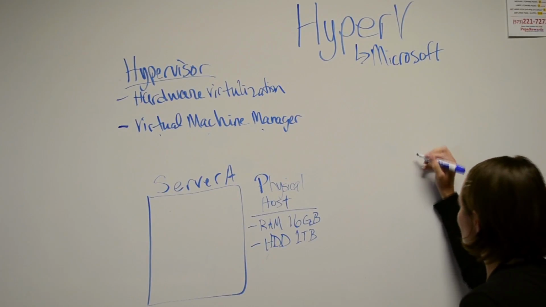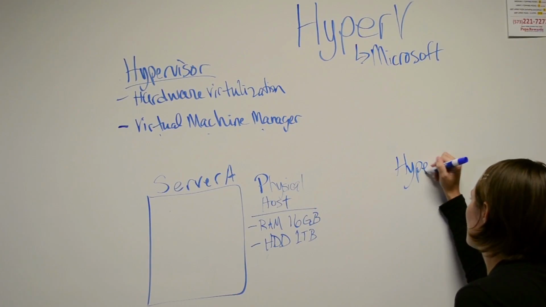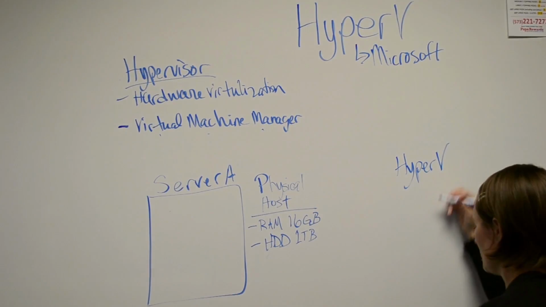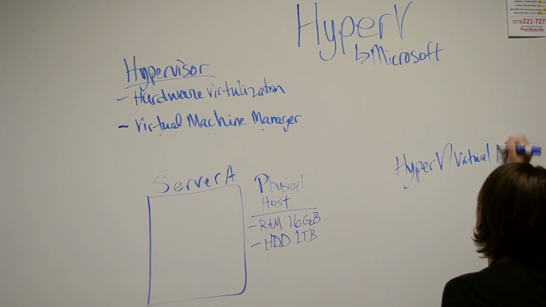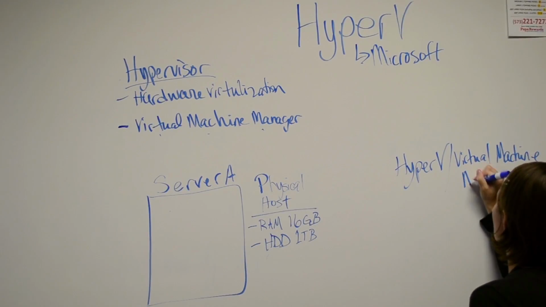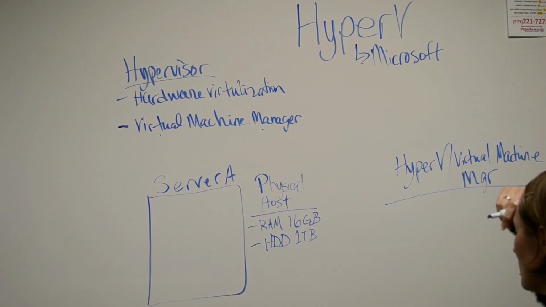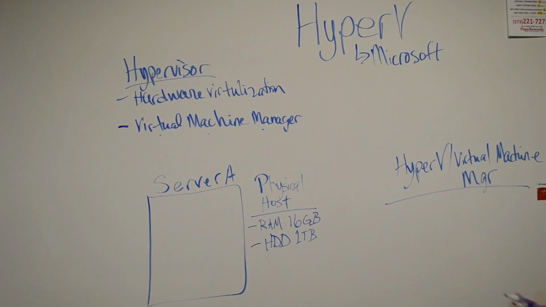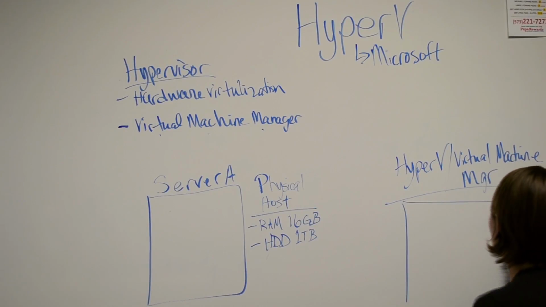And so Hyper-V is also known as your virtual machine manager. We're shortening that a little bit. Okay, so you install Hyper-V on your machine, and then you put a VM on it. I'll just draw a little box to say that that's our VM.